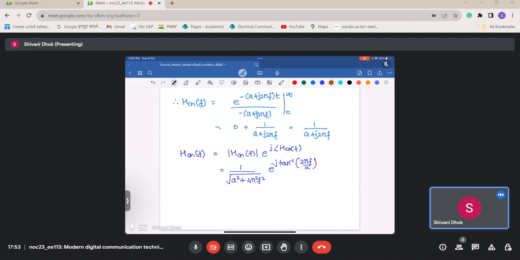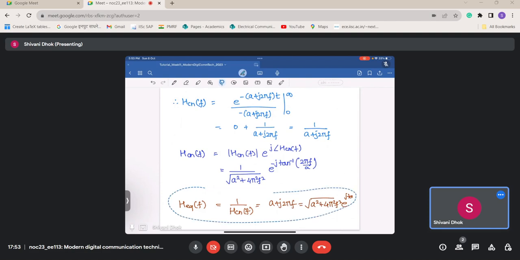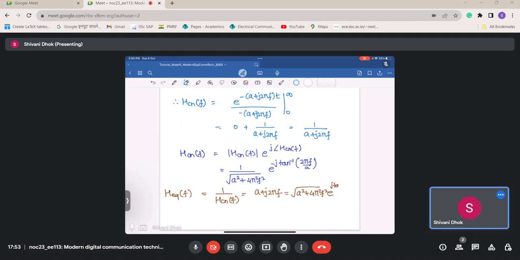And for the zero forcing equalizer, we have Heq(f) as 1 upon Hch(f), which is equal to a plus j2πf, which I can write as its magnitude, the square root of a² plus 4π²f², into e^(j tan⁻¹(2πf/a)).